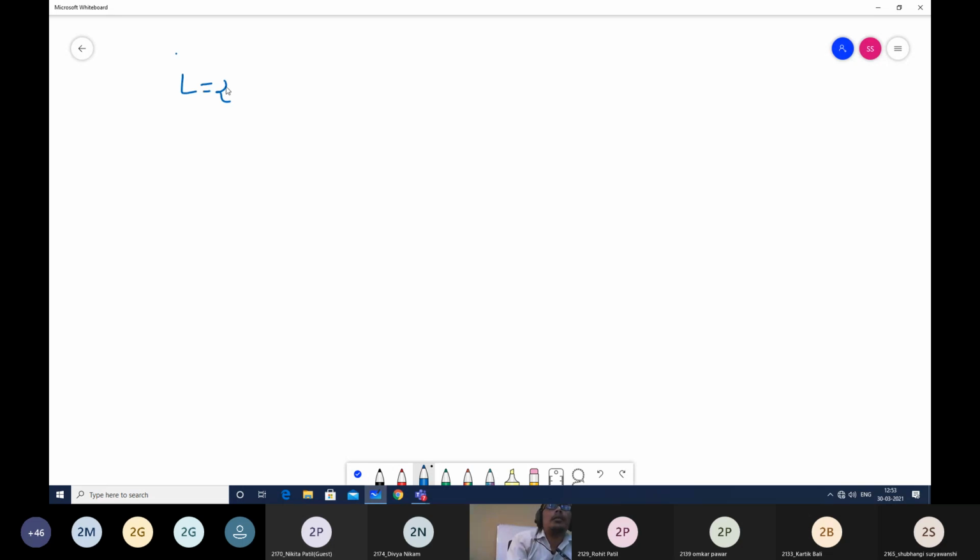L is equal to a raised to n, b, a raised to n. Now n is greater than or equal to 0. Write down the language strings. All of you write down the language strings.